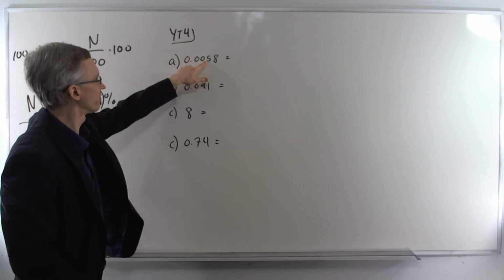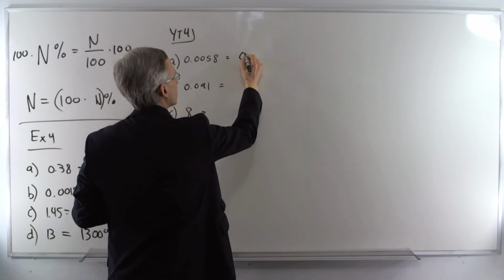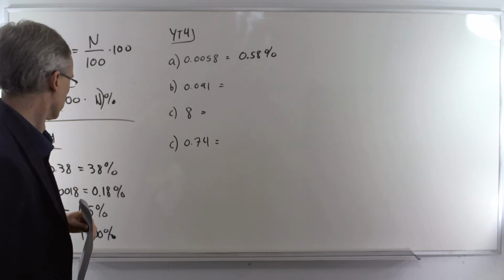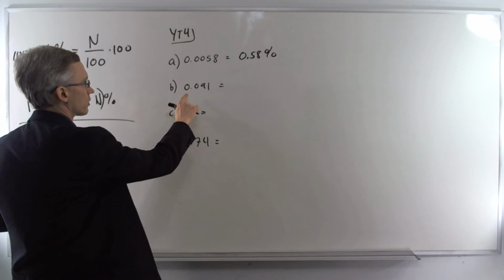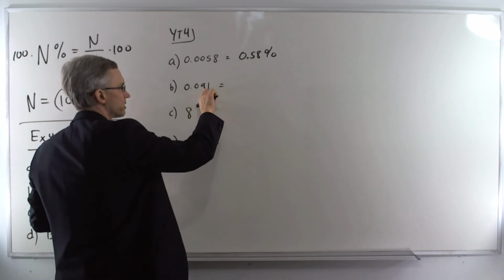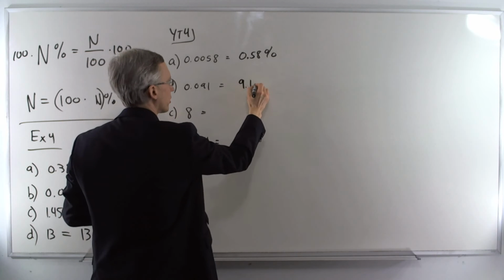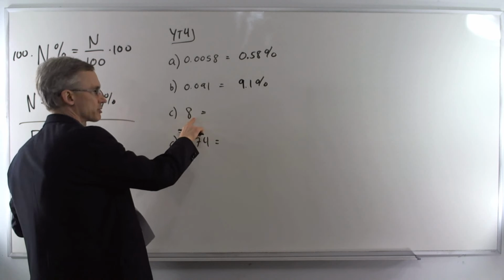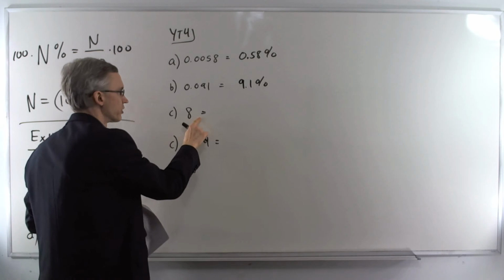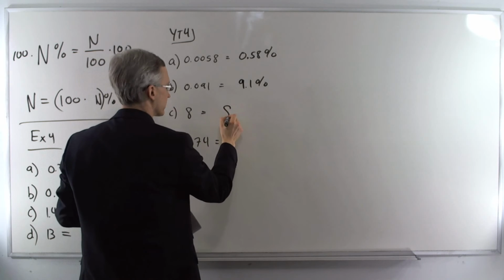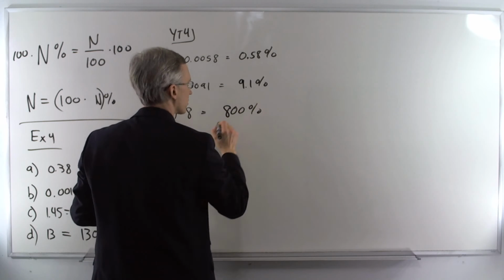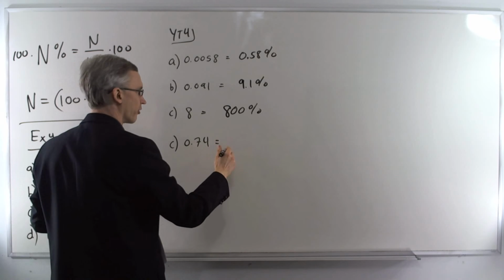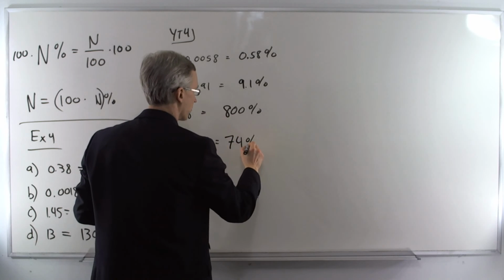We get 0.58%. Next one, 2 to the right takes that decimal and puts it between the 9 and the 1, so that is 9.1%. Now for 8, decimal starts to the right of the 8. We'll need to move 2 to the right and put 2 zeros there, so that is 800%. And for 0.74, 2 to the right gives us 74. So that's 74%.